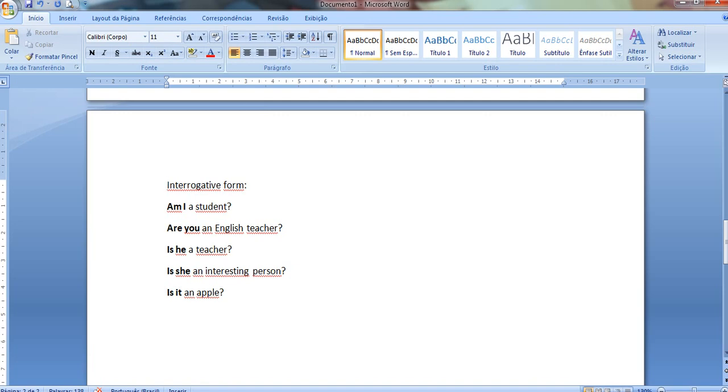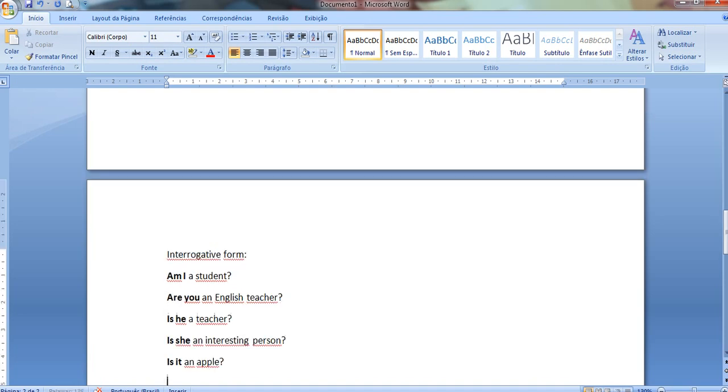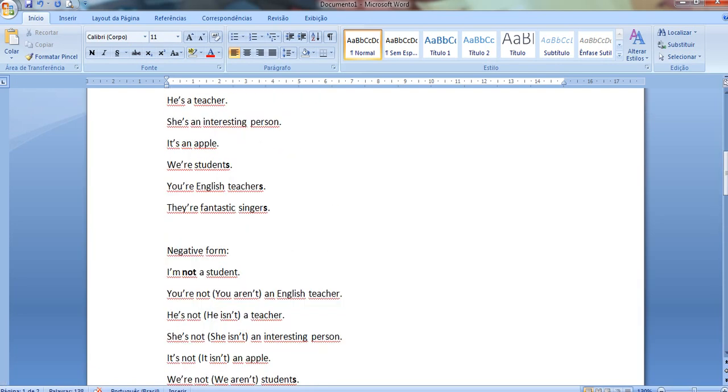Am I a student? Are you an English teacher? Is he a teacher? Is she an interesting person? Is it an apple? And we have the plural form, now interrogative form. We use here in that example, we're students. How can we change that sentence in interrogative form?